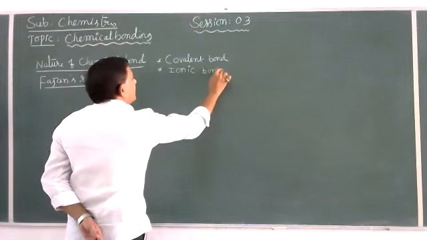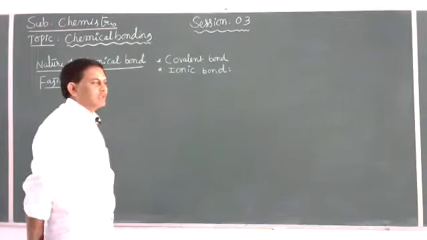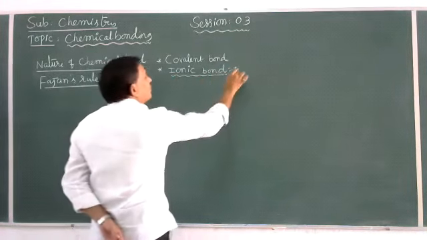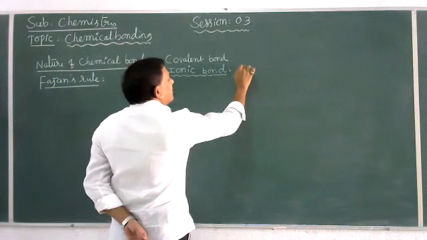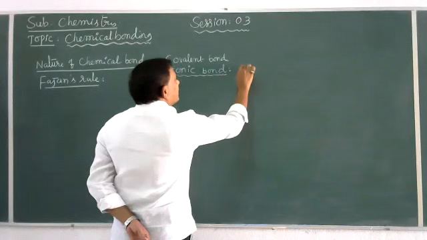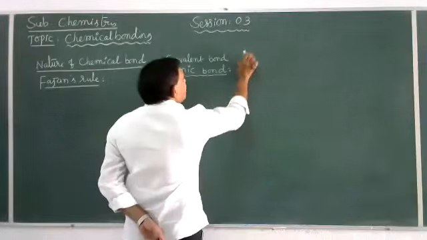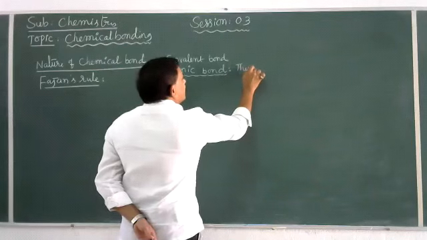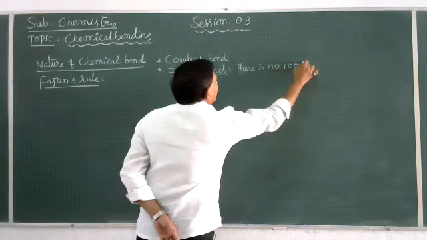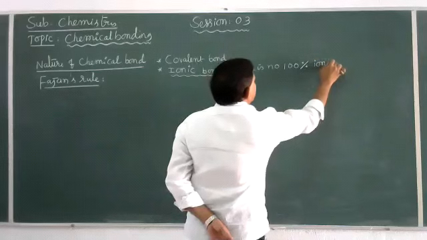This ionic bond is also called an electrovalent bond. Now here, no compound is 100% ionic in nature.